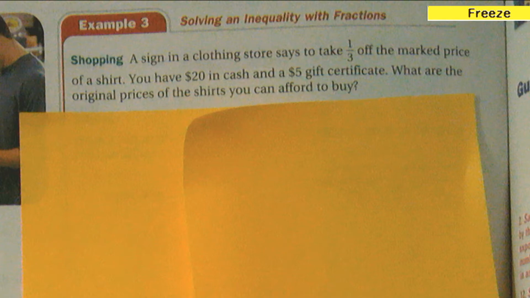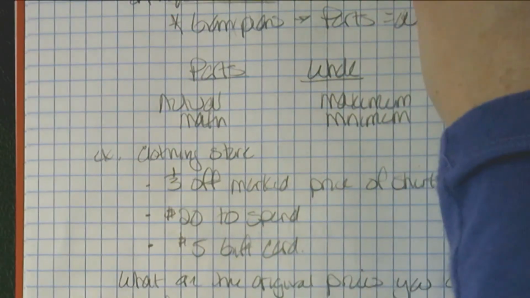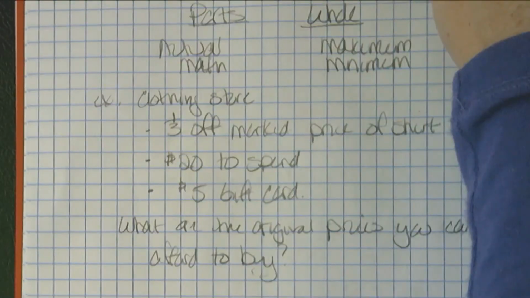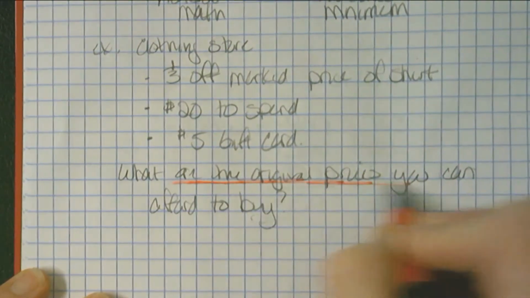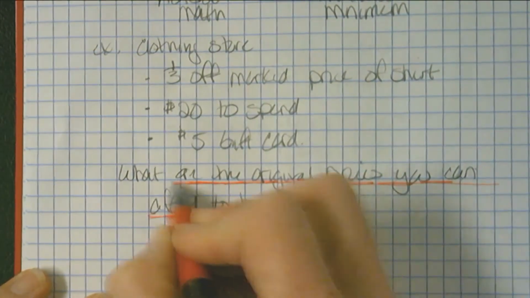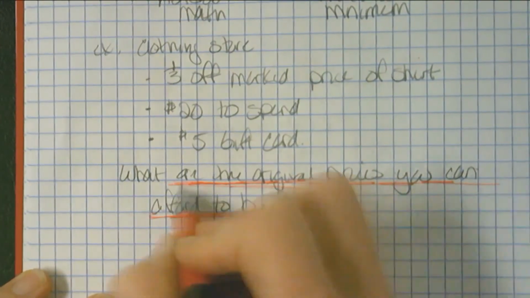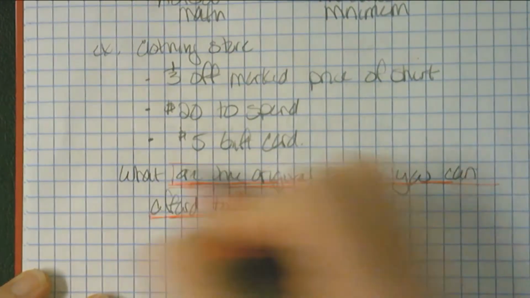Let's walk through this together. Here is our given, and I want to highlight that sentence again: what are the original prices they can afford to buy? Because of that, there's more than one price option.